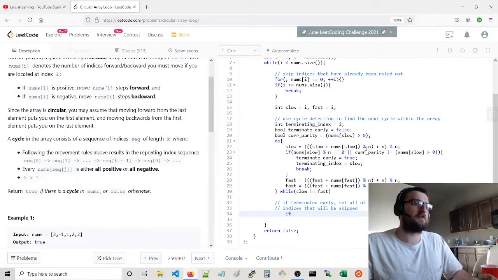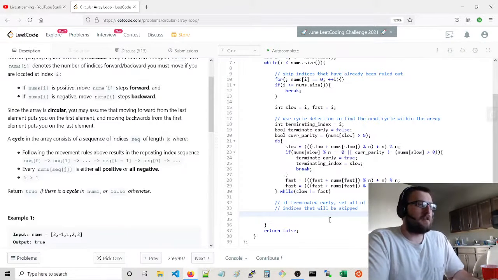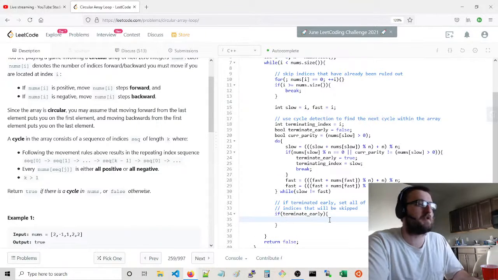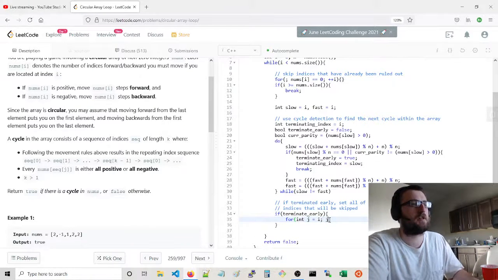So if terminate early, then for int j equals I, j is less than or equal to terminating index, increment j.